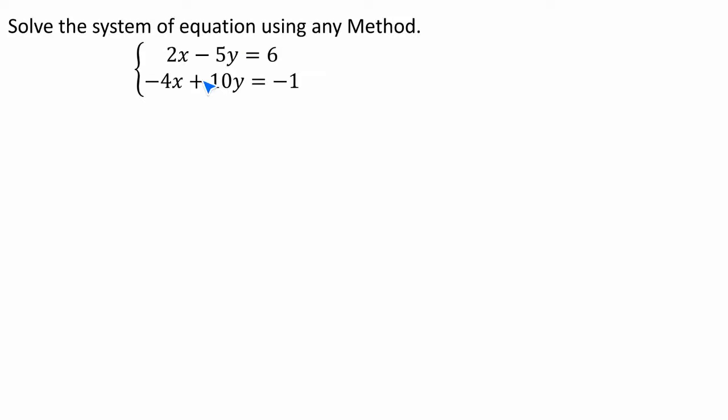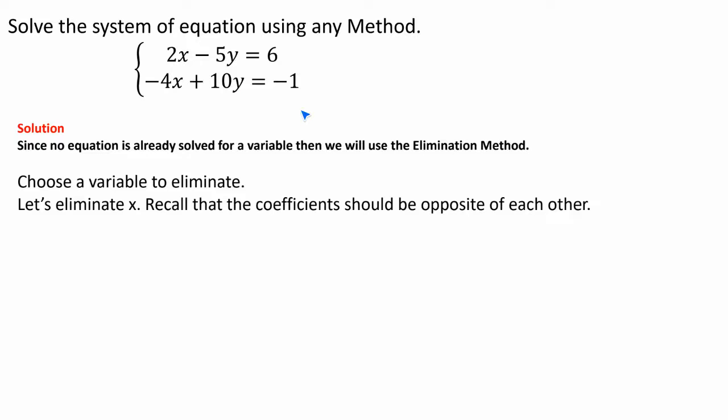So here I don't see anything that is already solved for x or solved for y. I could do that if I wanted to use substitution, but I'm going to go ahead and use elimination since that's Mr. Carizales' choice there, right? And actually that was my choice as well. So let's get started. We need to eliminate a variable.